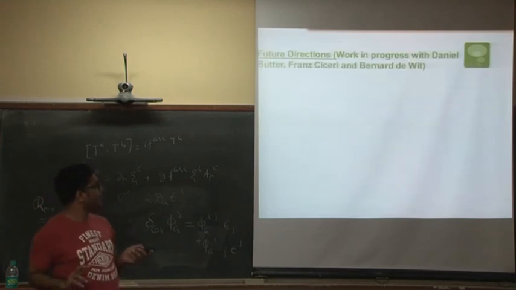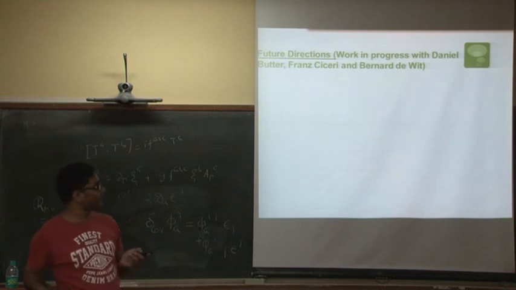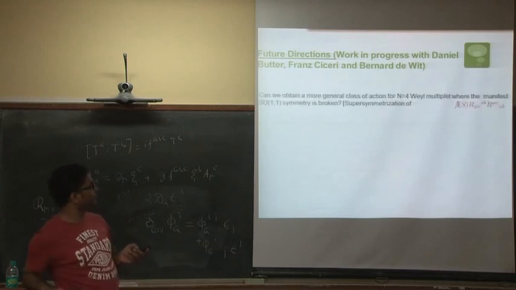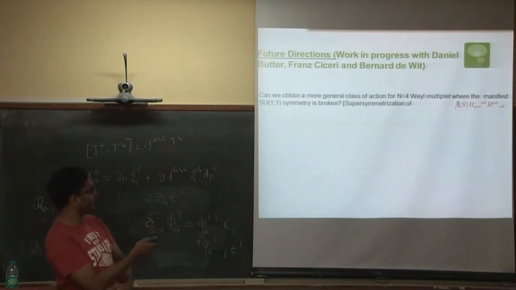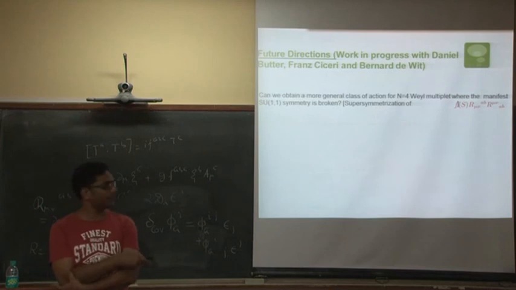But we can do better. This is a work in progress. We can try to obtain a more general class of action where this manifest SU(1,1) symmetry is broken, and this will be like a supersymmetrization of F(R) linear B, R linear B.